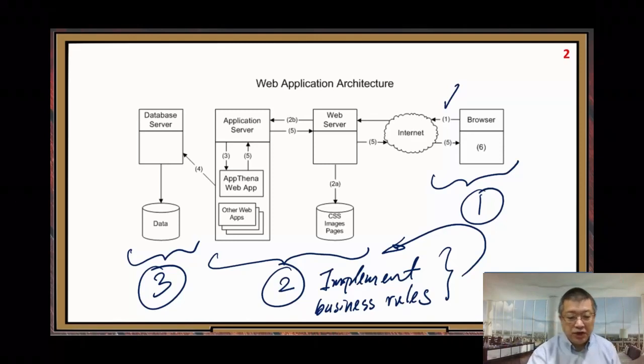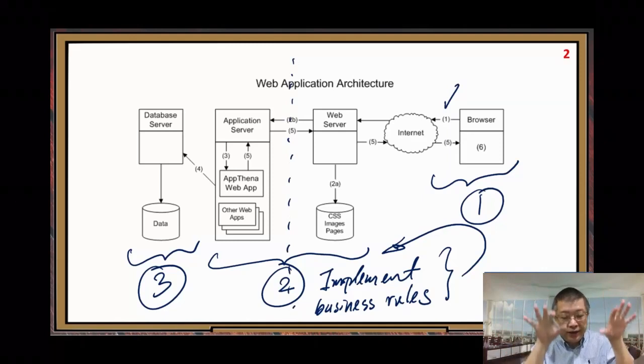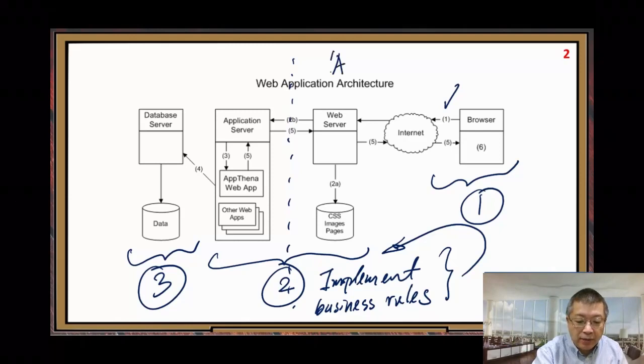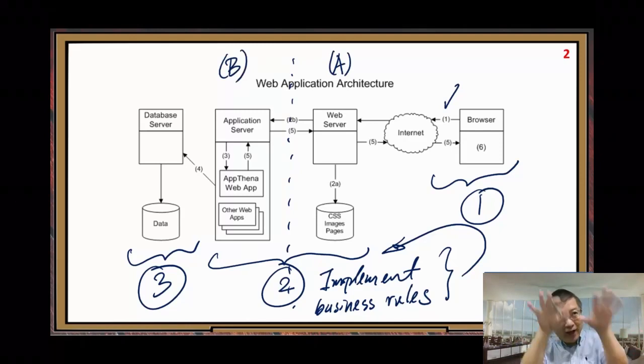Here you can see in this tier number 2, there are 2 layers. Let me call them A layer and B layer, because in the little notation you can see 2A, 2B, right? A sublayer, B sublayer. Now, what is the A sublayer for?